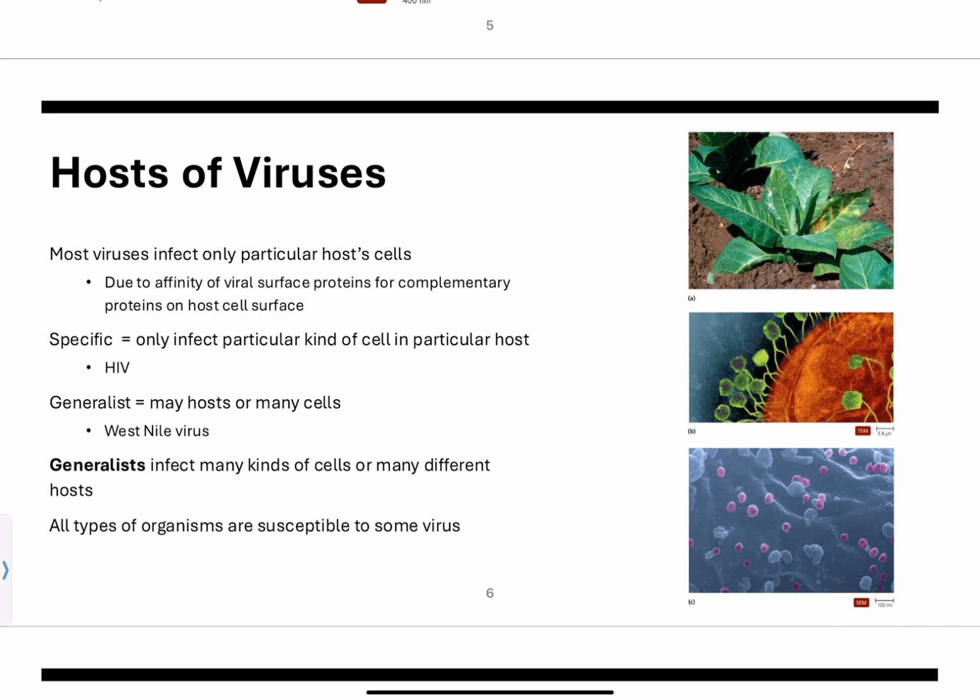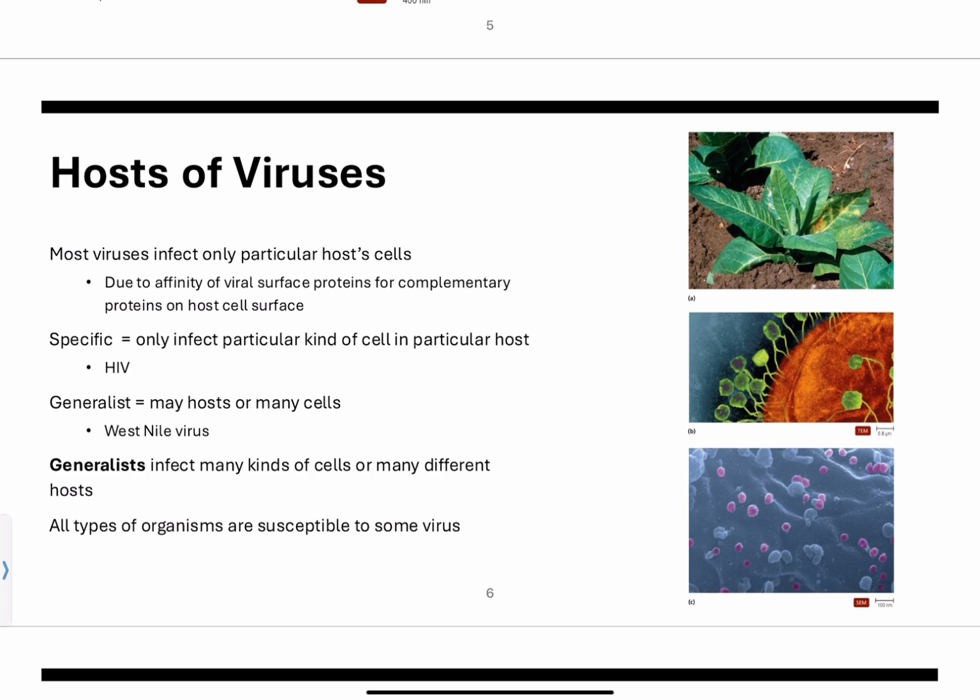Okay, so one of the most interesting things about virology is really host specificity. Most viruses can only infect a particular cell type within particular host species. The specificity is determined by what we consider a lock and key interaction between the viral surface proteins, those on the capsid or the envelope, and the specific receptors that are on the host cell membrane.